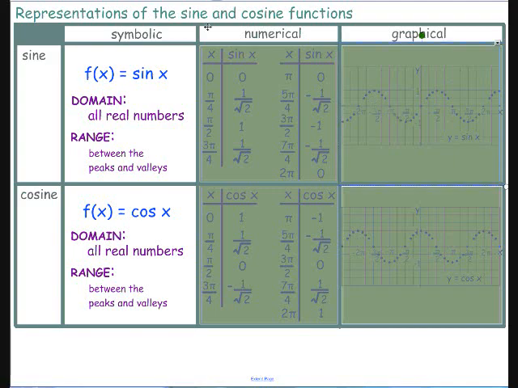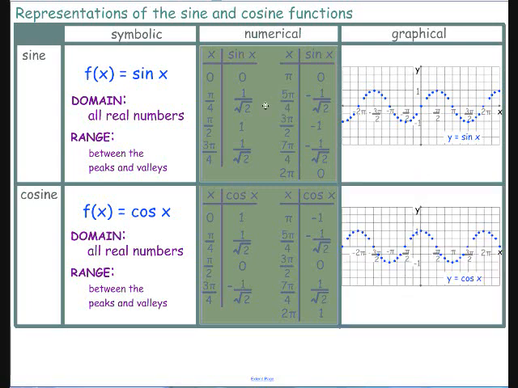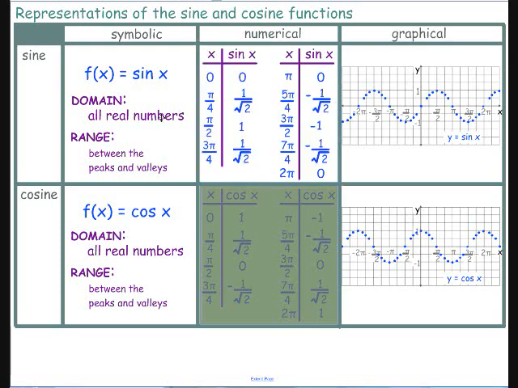I expect you to be able to sketch these graphs by hand. Now, if we looked at a table of values for sine, we'd have these values. You should begin to know what the, of course this doesn't have all of them, does it?